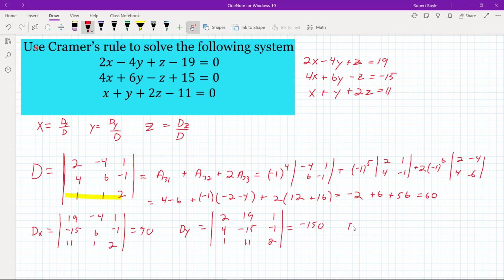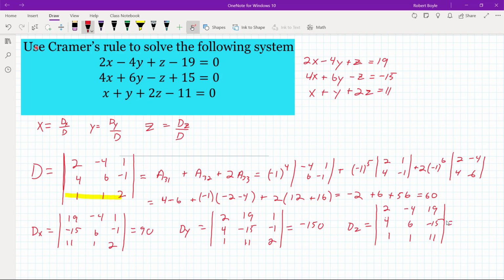And then finally dz, that determinant is going to have the form 2, 4, 1, -4, 6, 1, 19, -15, and 11. So there are where the constant terms are.